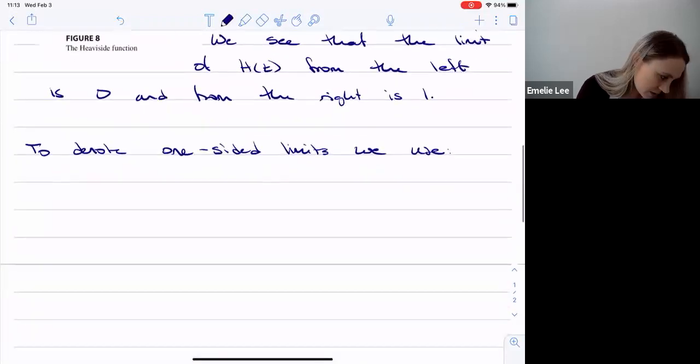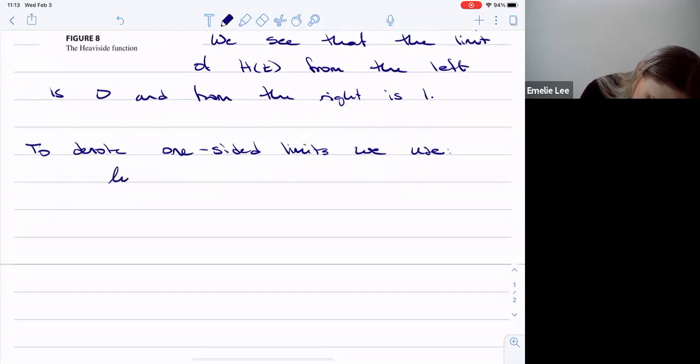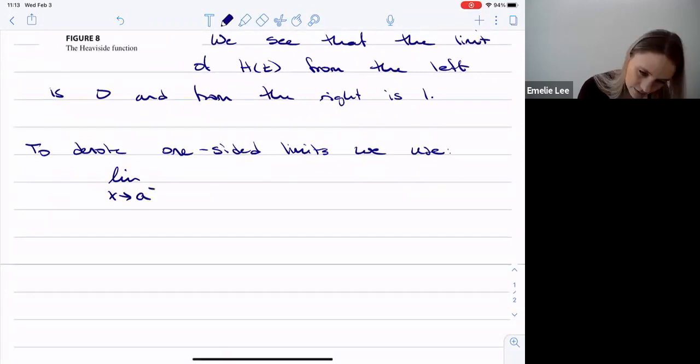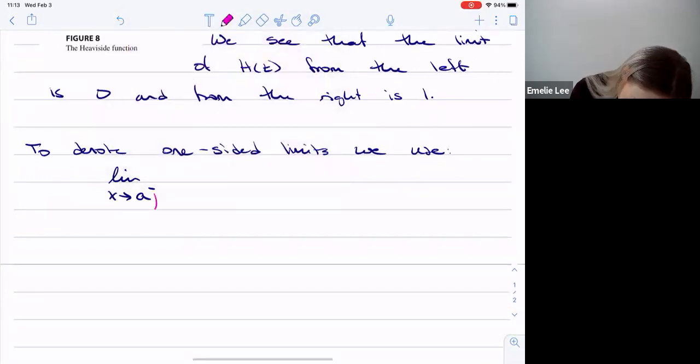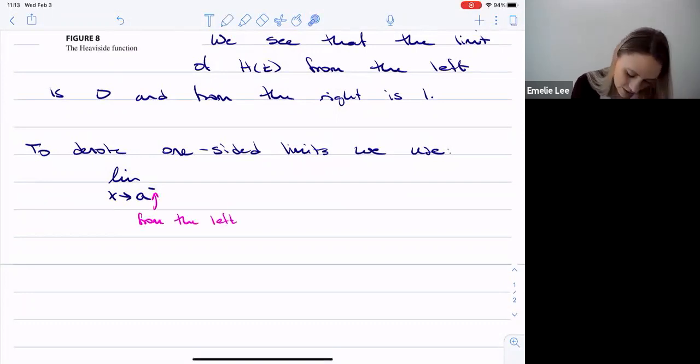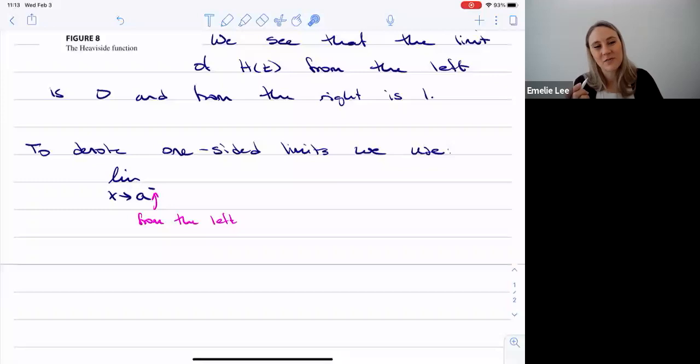We use the limit as x approaches a in general from, and then we do a little superscript negative. So this is from the left. Right? Or from the negative side of a, so you're coming in from the smaller values of a.